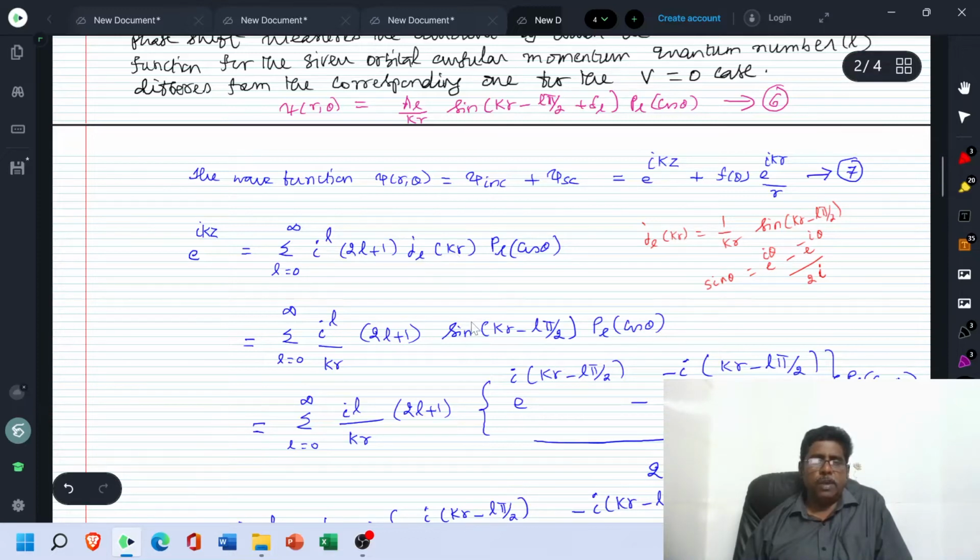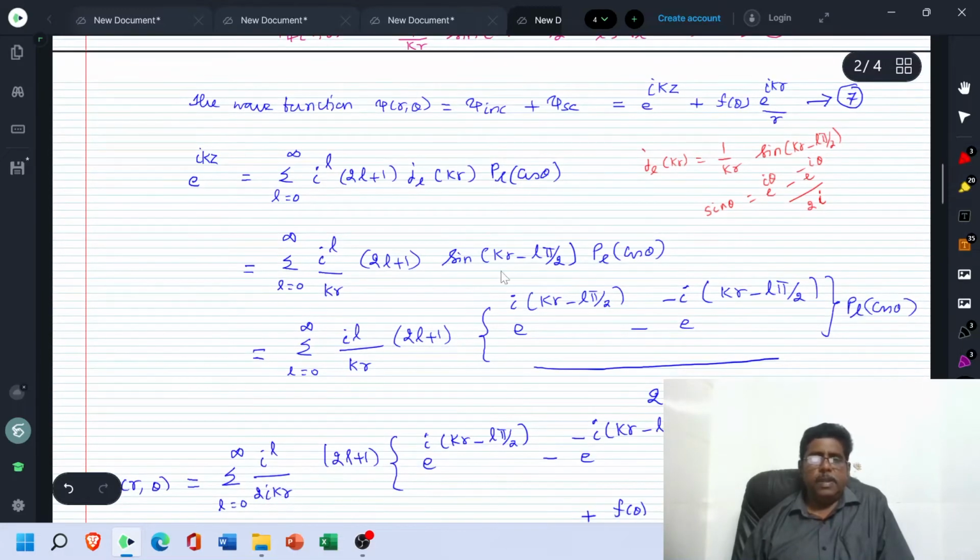Instead of j_L(kr), we have to write sin(kr − Lπ/2) divided by kr, into P_L(cos θ). But sin(kr − Lπ/2) is expressed in terms of e^(iθ) minus e^(−iθ) whole divided by 2i form, say e^(i(kr − Lπ/2)) minus e^(−i(kr − Lπ/2)) whole divided by 2i. This is the value of sin(kr − Lπ/2).